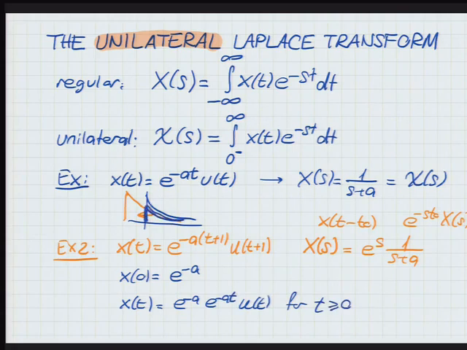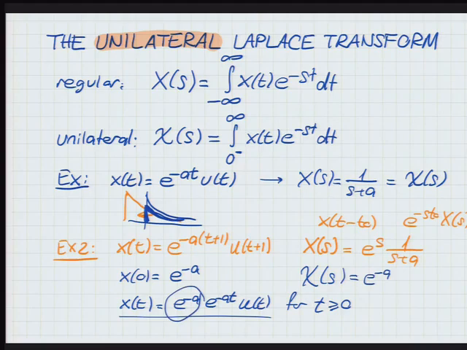So it still decays with the same rate, but it started not at 1, but e to the negative a. So the one-sided Laplace transform, therefore, is the Laplace transform of this guy, which is already right-sided. Okay? So the unilateral Laplace transform will be e to the negative a, which is accounting for this, times the Laplace transform of this, because that's already right-sided, so it's the same. So 1 over s plus a.